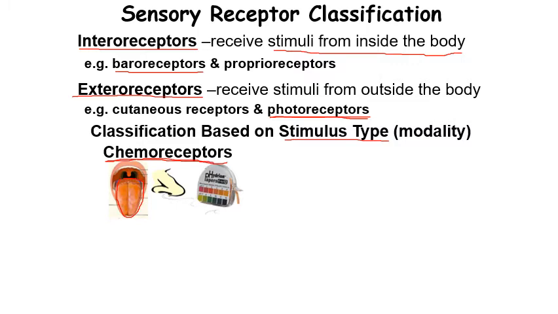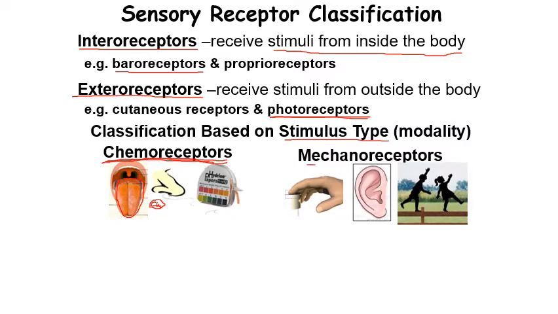Okay, those receptors on the taste cells in your taste buds respond to different chemicals. So for sweet, say glucose would be a stimulus for a sweet receptor. Or for salty taste, it would be sodium ions. But they are chemicals. Chemicals are the stimulus for activating these receptors.